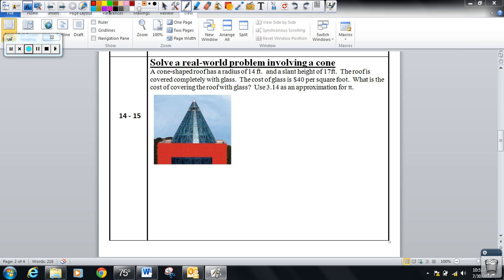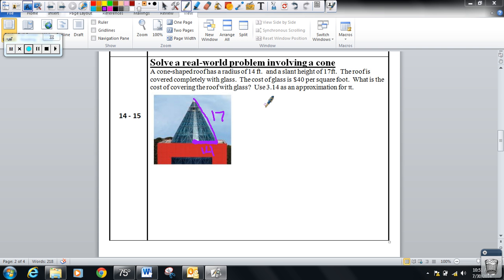So what I'm going to do is I'm going to go ahead and mark the parts that they gave me. It says it has a radius, and obviously this is not drawn very accurately, but I can get an idea. It's 14 with the slant height of 17. If I'm talking about the roof, that is just the lateral surface area.